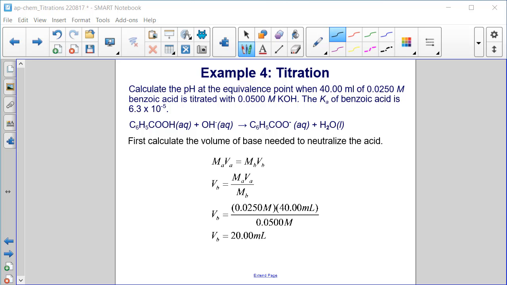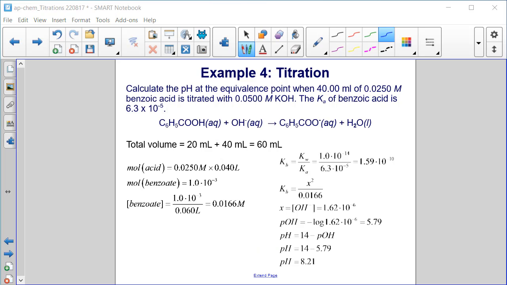First, we need to know the volume of the base needed to neutralize the acid. So the volume of the base is the concentration of the acid, 0.0250 molar, times the volume of the acid, 40 milliliters, over the concentration of the base, which we're told is 0.0500 molar. So we have to add 20 milliliters of strong base to this weak acid in order to neutralize it.